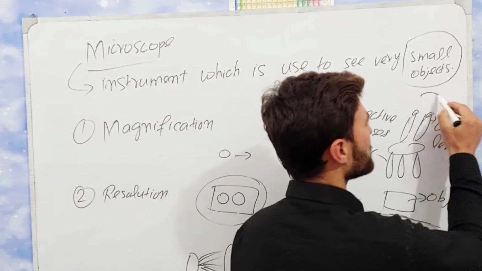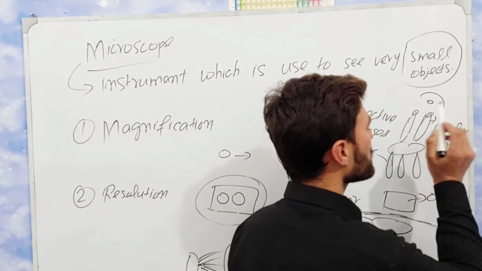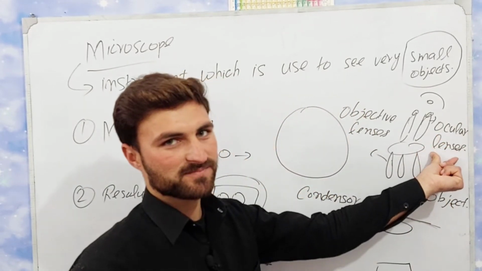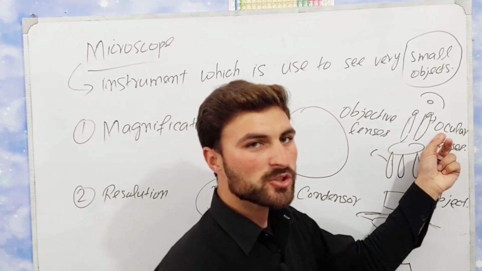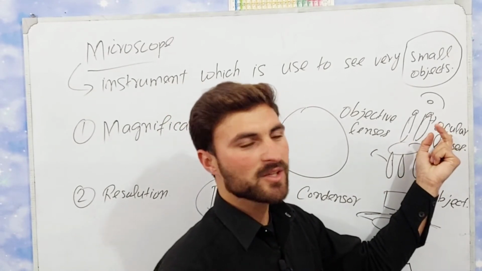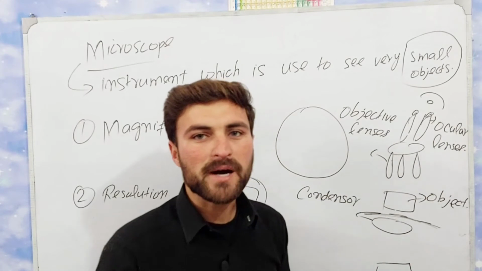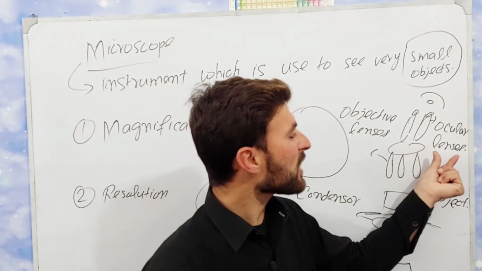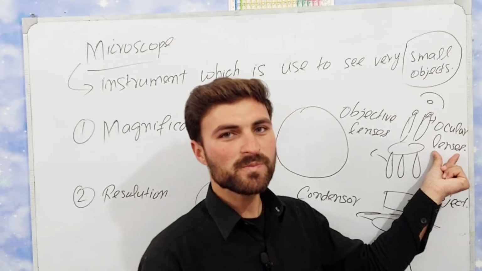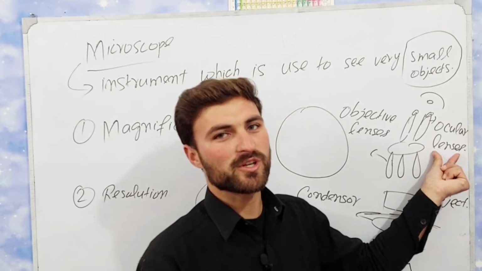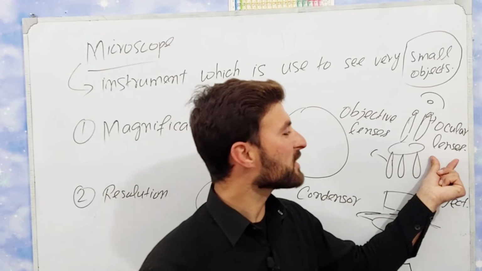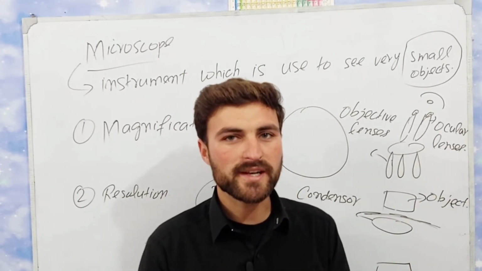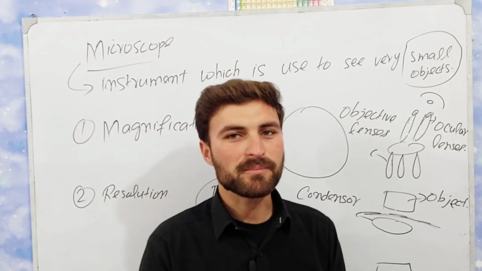Actually our eyes are here, and we see the object through the ocular lenses. If there is only one ocular lens, we call that monocular, and if the ocular lenses are two, then we call it binocular. So on the basis of one lens and two lenses, we have these two names, monocular and binocular.